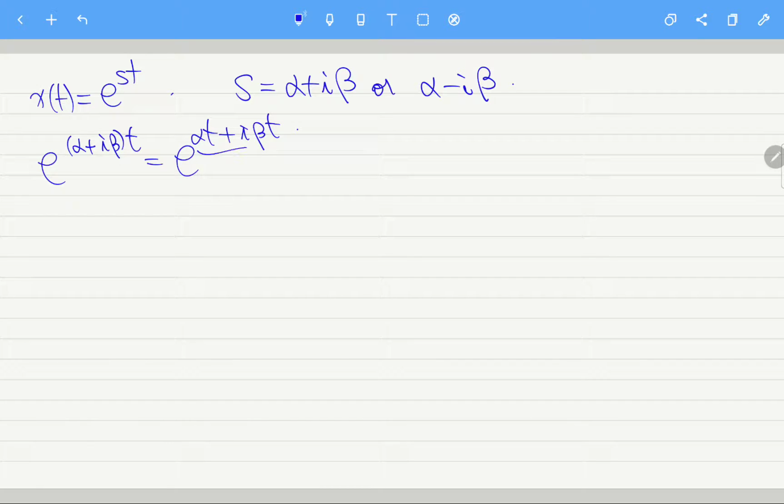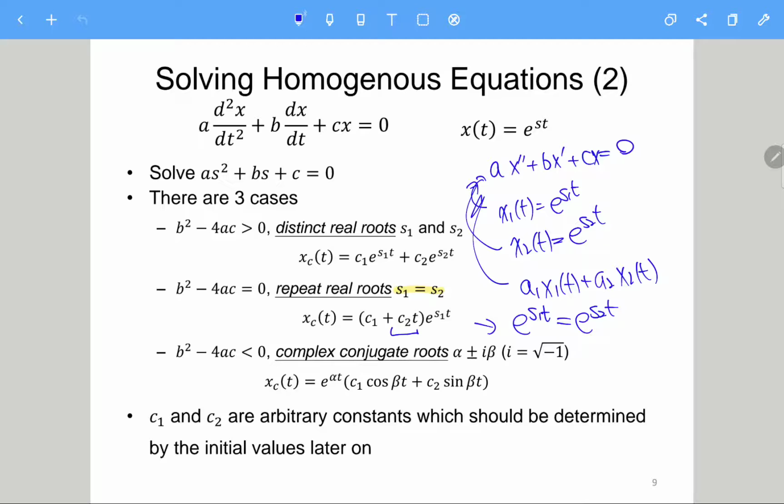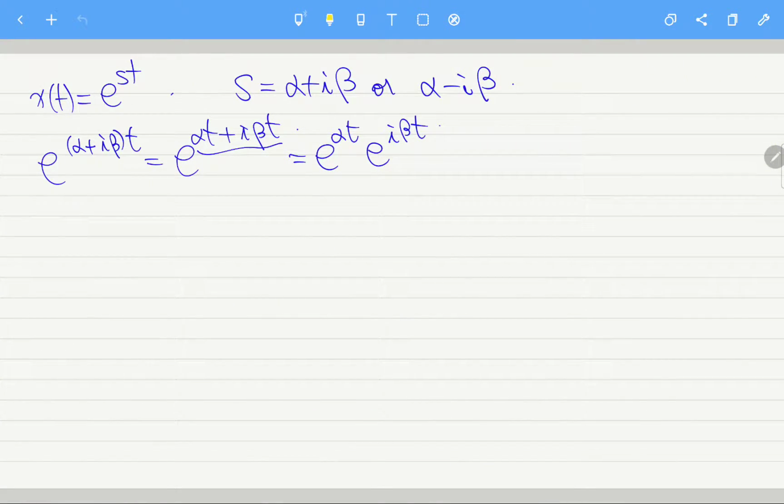And as the exponent is a plus, we can just make it exponential to alpha t times exponential to i beta t. So we already got this one. So how come the other one? So how come the other term, which is the strangest part.